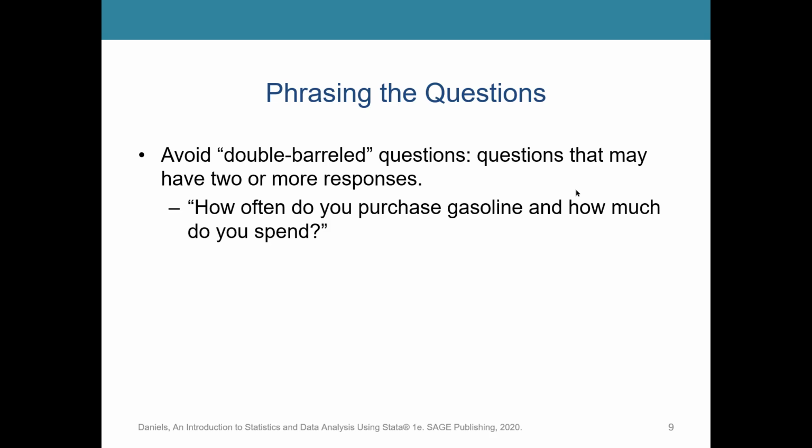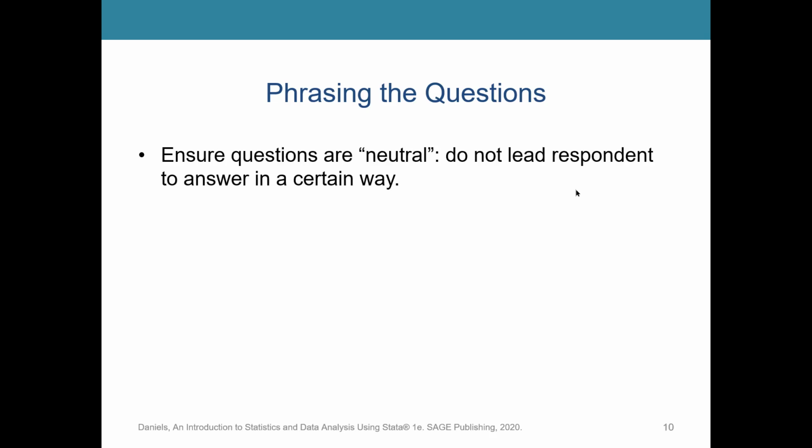How often do you purchase gasoline and how much do you spend? Well, what if I take the bus and I spend 0? That's a double-barreled question because I can't say yes or no to either part of it. So avoid double-barreled questions. You also want to ensure that questions have a neutral option that don't leave respondents in a certain way to answer.